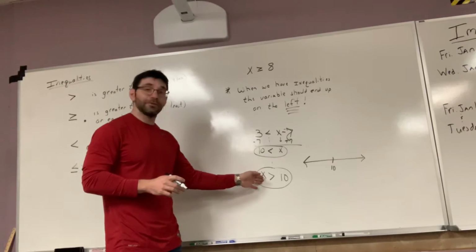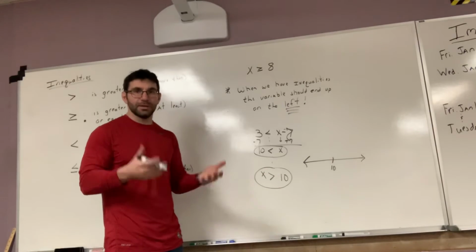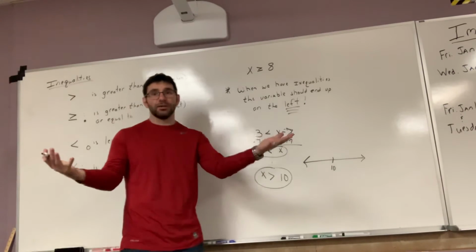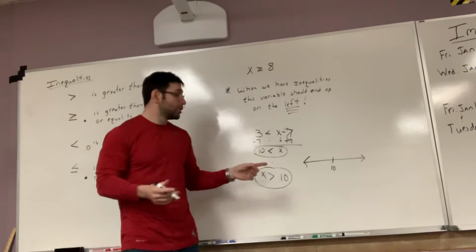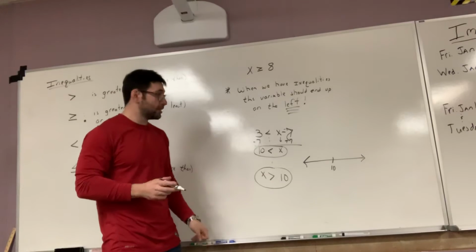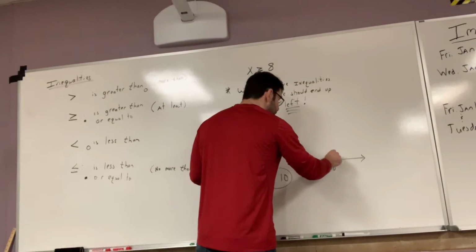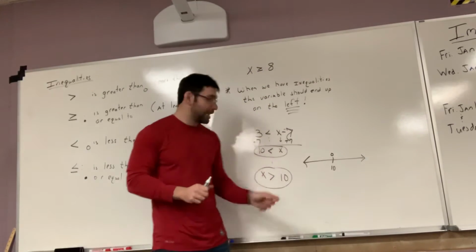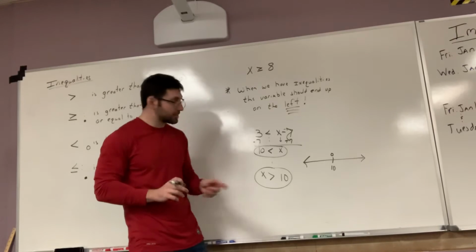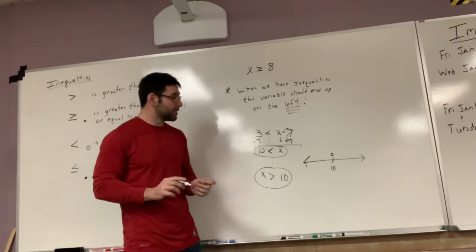If I put 10 in for x, 10 is greater than 10. Well, is that a true statement? If I have $10 over here, $10 over here, is this 10 more than this 10? If you say no, you're correct. It has to be greater than. So when I make my graph, I use an open circle because that's saying there is nothing there at 10. 10 is not a solution. The open circle represents that that's not part of the solution.